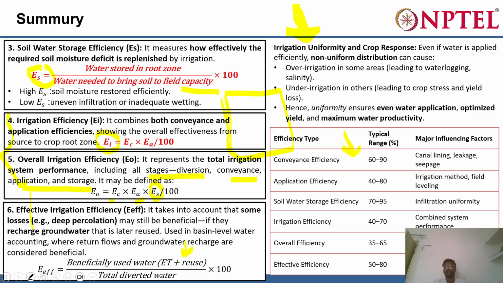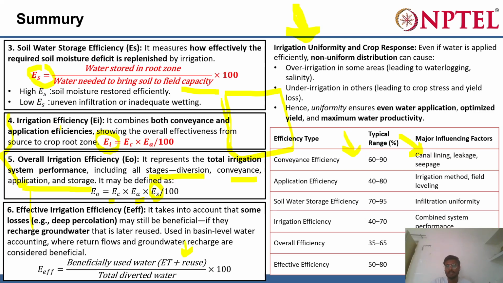So we know that conveyance efficiency typically ranges around 60 to 90%. Its major influencing factors are canal lining and seepage losses. Also, there might be some leakage from networks.